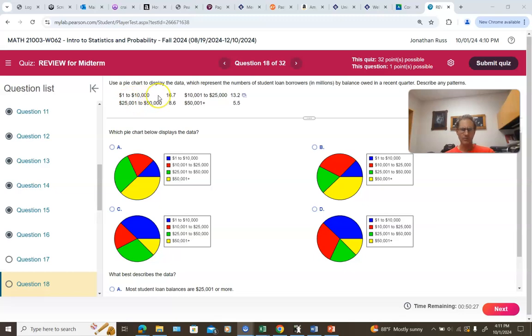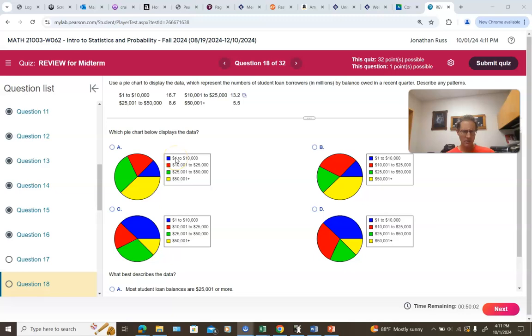Okay, so in millions, this category 1 to 10,000 comprises 16.7%. And so we really just need to look down here and see which pie has wedges that represent these different proportions.